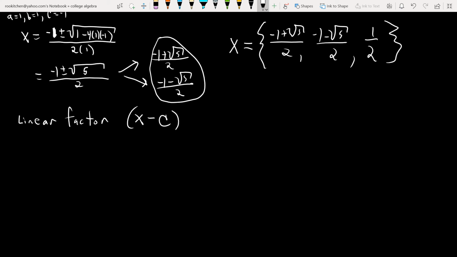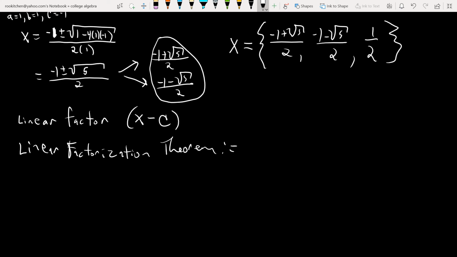Okay, so any polynomial, it turns out, and this is called the linear factorization theorem, basically says any polynomial can be broken down into a bunch of these factors.